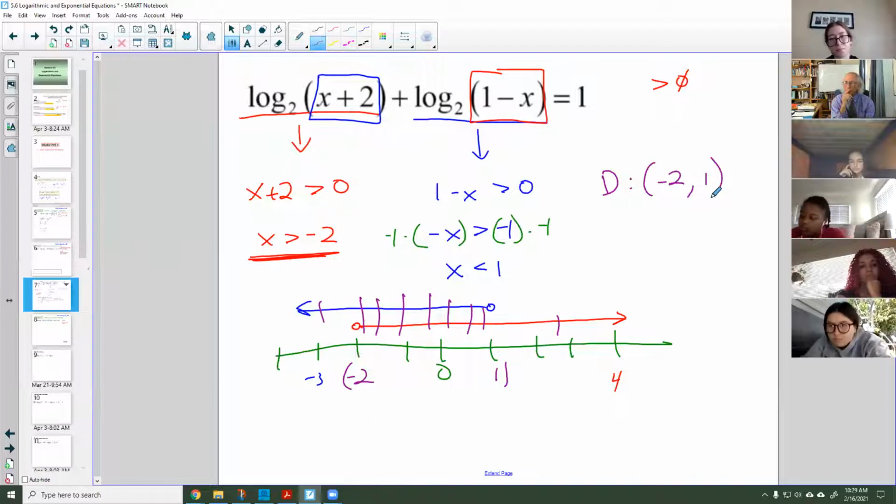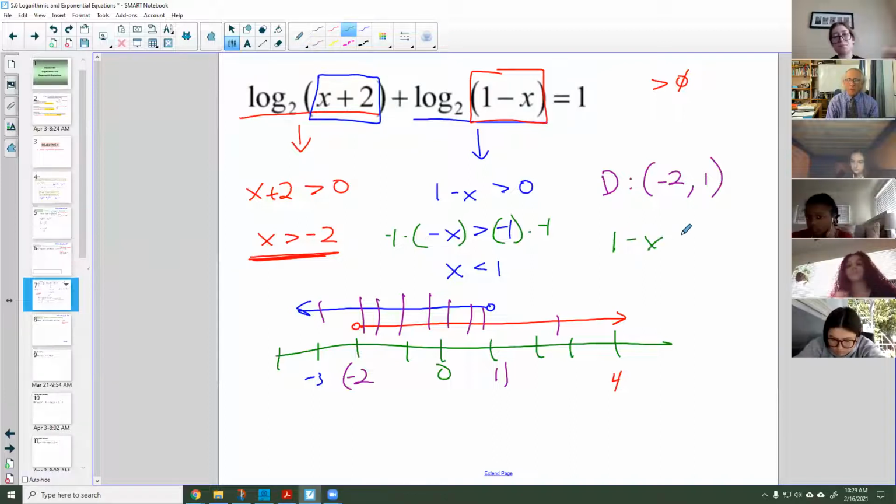Yeah, Maria, please. So I get everything, but I was just confused in terms of the algebra behind how we got one, why we multiplied with a -1 instead of subtracting the 1. Okay, so good. I see what you're saying. All right, so I had 1 minus x greater than 0, right?